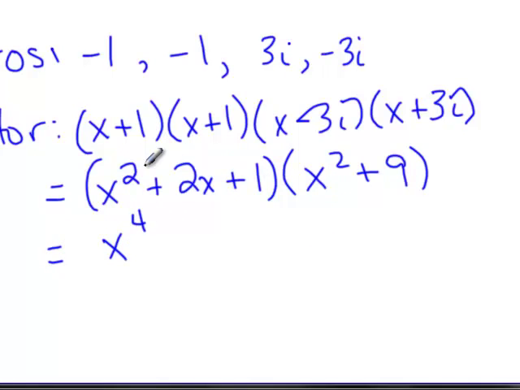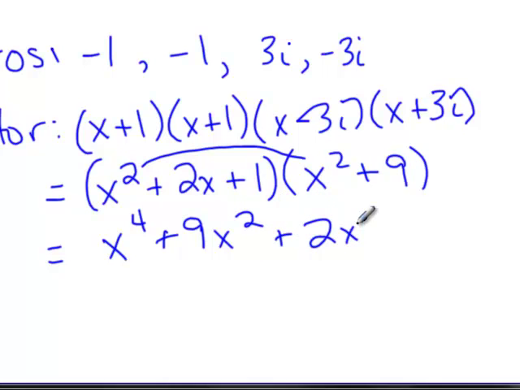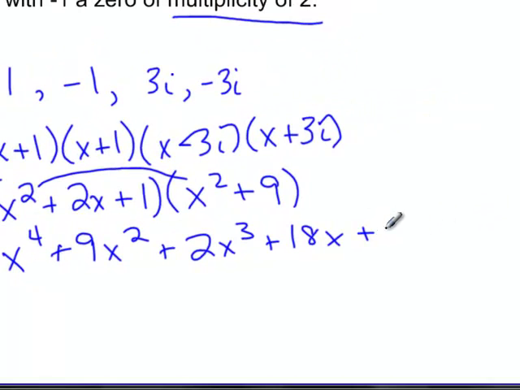Now let's distribute and let's finalize this problem. X to the fourth when I go from here to here, plus 9x squared. Then I got 2x times x squared, which is 2x cubed. Then 2x times 9, which is 18x. And then I got x squared, and then I got 9.